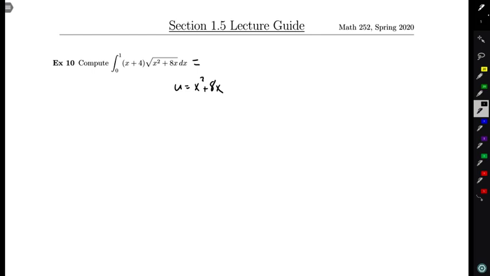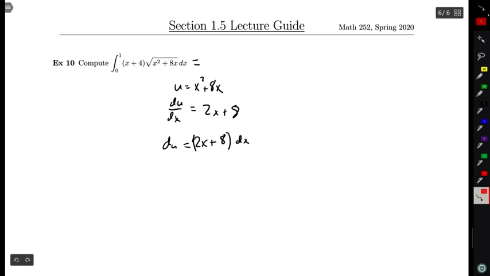So in this case, du over dx is 2x plus 8, telling me that du is (2x plus 8) dx. When I write this here, I mean that there are implied parentheses around this 2x plus 8, just like there are when we're doing this integral, there are implied parentheses around the integrand.